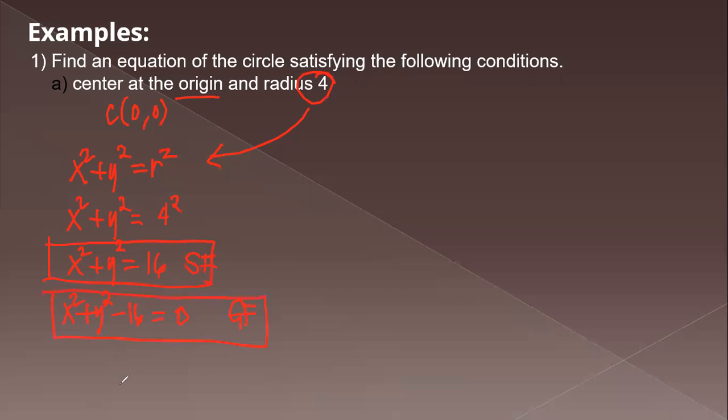Okay, if you want to look at the graph of that circle, ang kanyang center ay nakay origin. We have the radius of 4 units: 1, 2, 3, 4, in each direction.